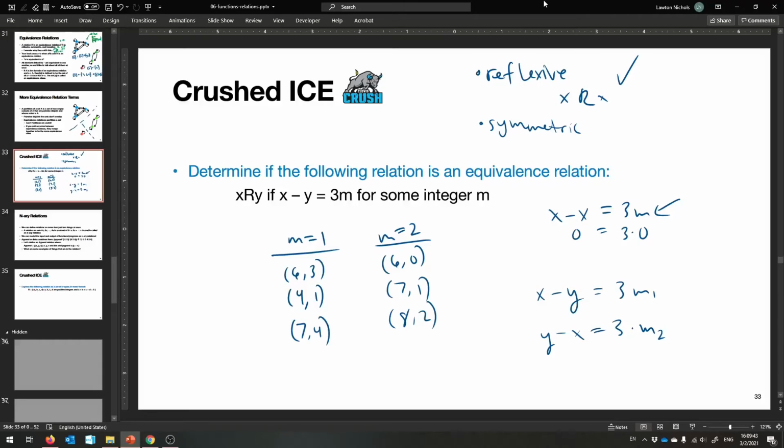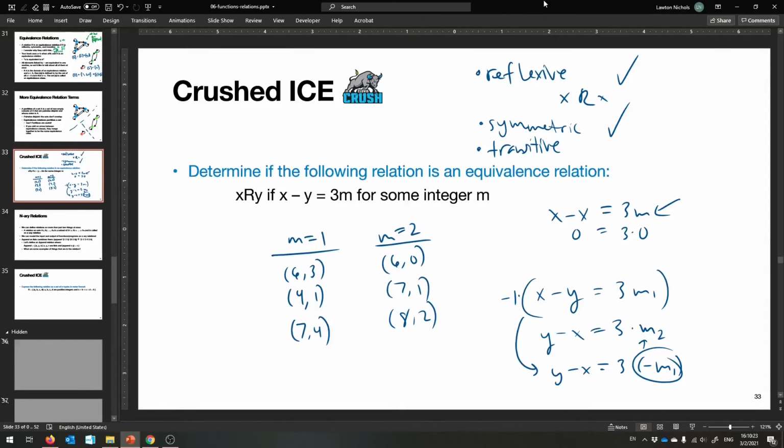And the answer is yes, because I can take whatever this m1 was and multiply this whole thing by -1. I get y minus x, right? They flip-flop, equals 3 times -m1. And I can use this -m1 as my m2. And it'll work out. So symmetricity checks out as well. This is quite nice. Now we need to try for transitivity.